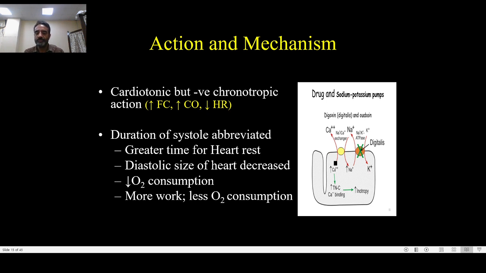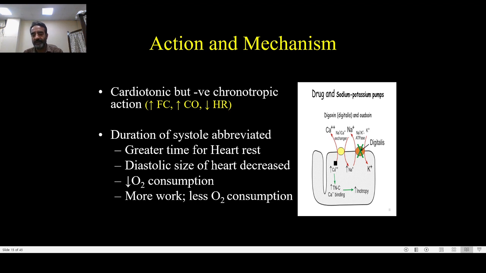The sodium goes outside the myocyte and potassium goes inside when this pump is working normally. It works in conjunction with another exchanger, and that is the sodium calcium exchanger.